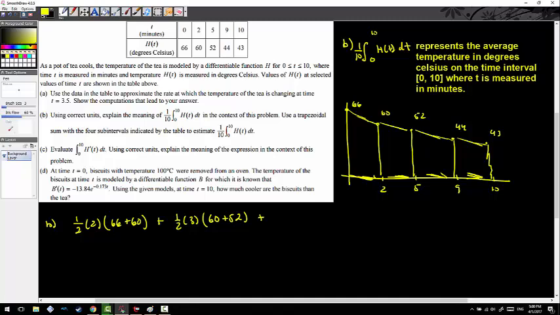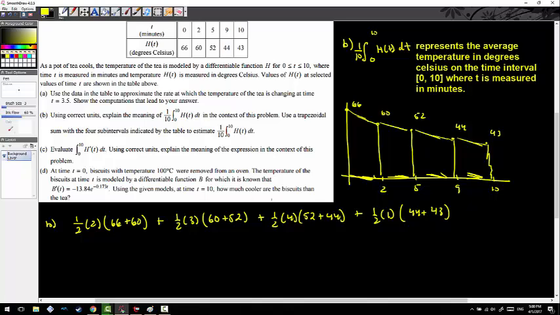Plus 1/2 times 4, and then base 1 is going to be 52, base 2 is going to be 44. And then 1/2, the last height is 1, and then base 1 is 44 plus the last base is 43.